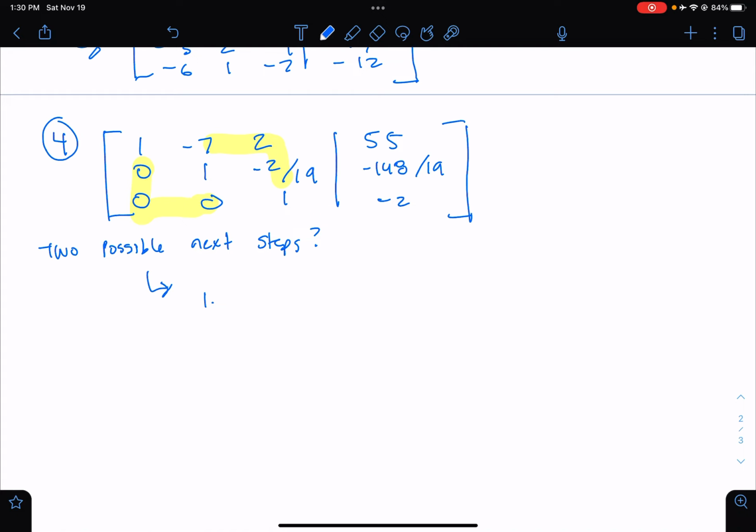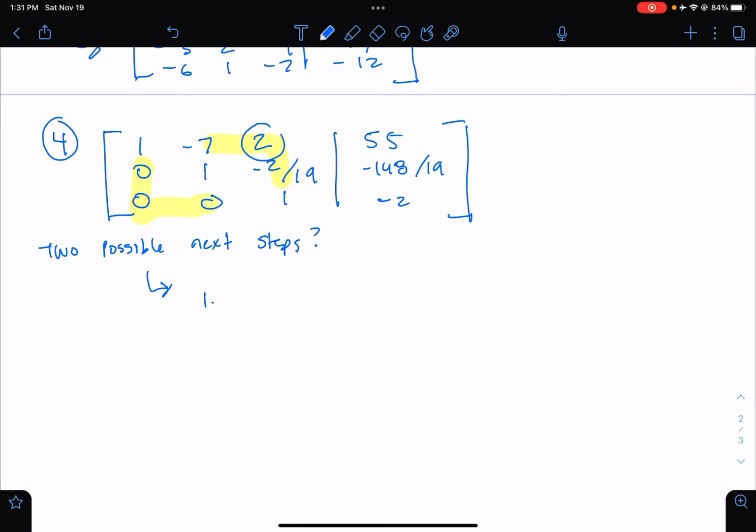So I'm looking at row 1, I'm looking at this 2 right here. A way that we can turn that into a 0 is we could multiply it by -1/2.